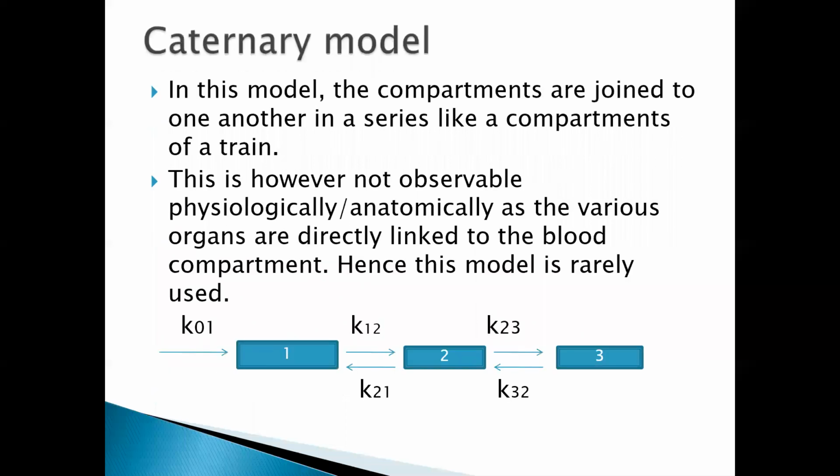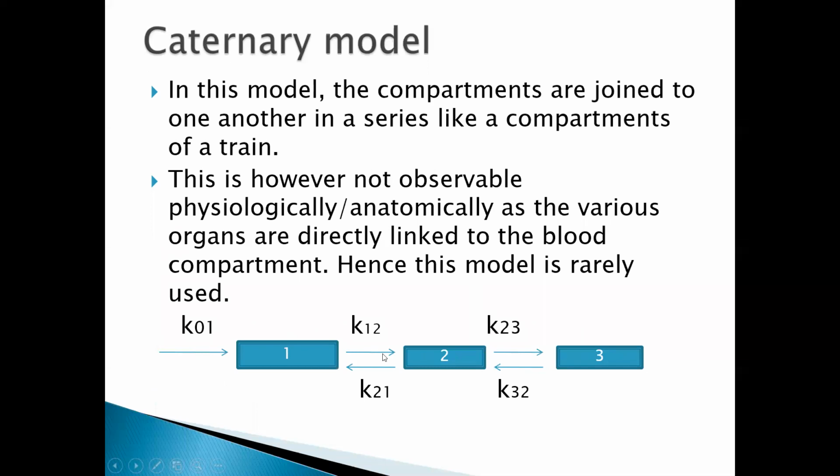In the case of a catenary model, what happens? You are assuming that the compartments are joined to one another in a series, like the compartments of a train. You can see here, compartment 1, 2, 3, arranged in series.